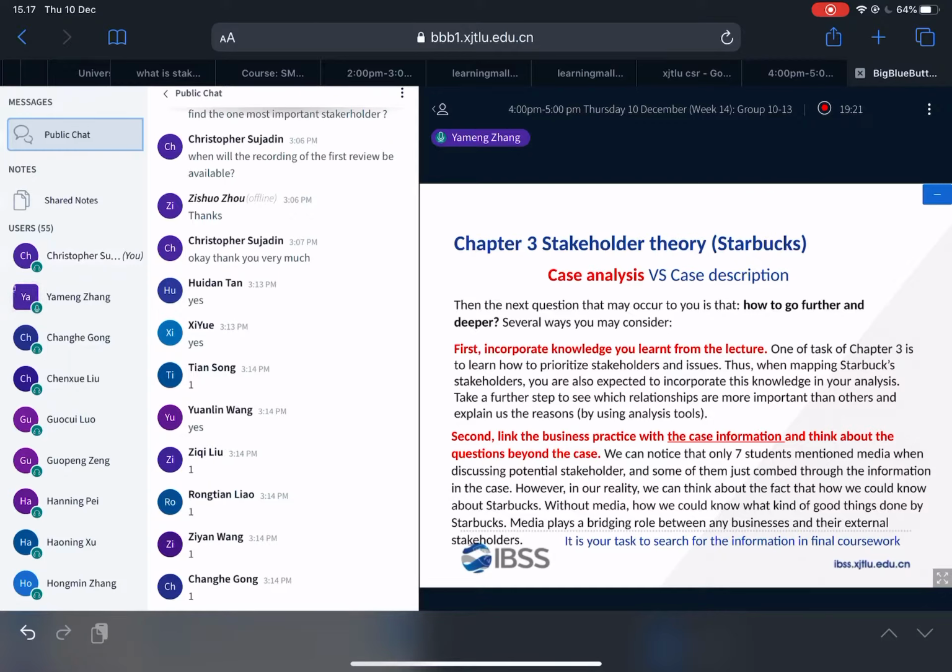First of all, I provide advice on how to frame the answers for case analysis questions, not a case description. Okay, how to go further and deeper when you think about the case analysis questions, not the case description. So first of all, you need to incorporate knowledge you learned from the lecture. That is the top criterion.